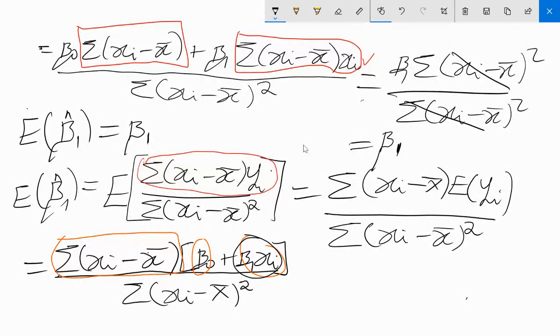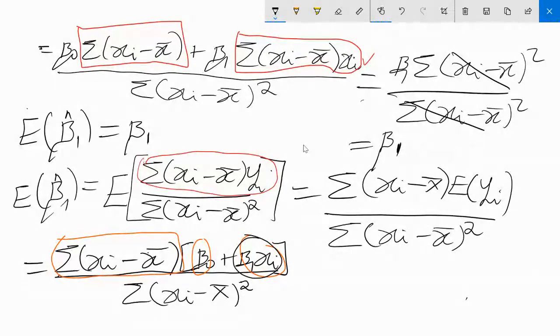That's what we wanted to show, that the expected value of beta 1 hat is equal to beta 1. So beta 1 hat is an unbiased estimator of the regression slope. Is it clear? Yes.